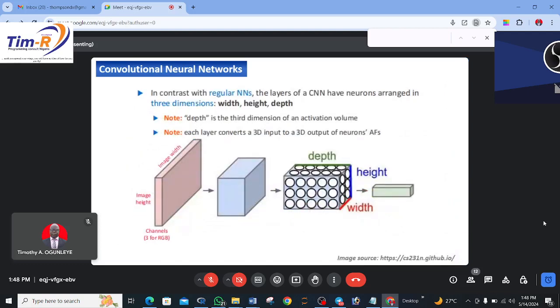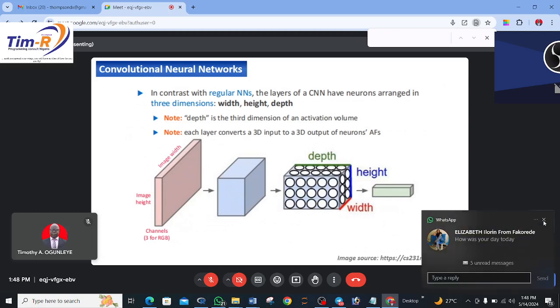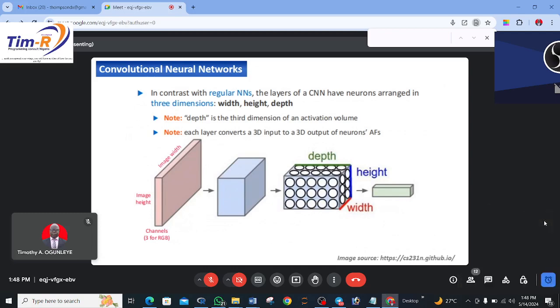Now we want to break down what a CNN is. In contrast with a regular neural network, the layers of a convolutional neural network have neurons arranged in 3 dimensions: width, height, and depth, as shown here.